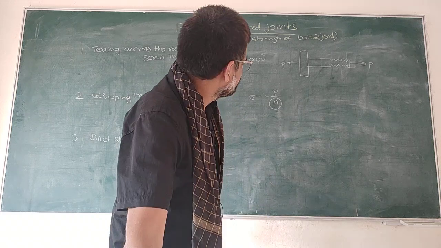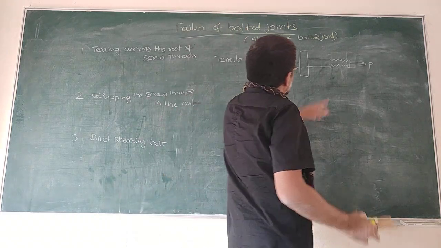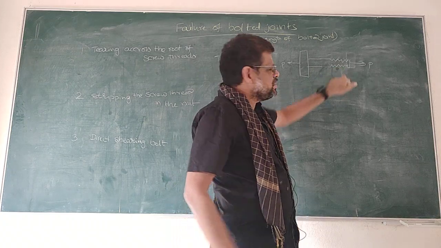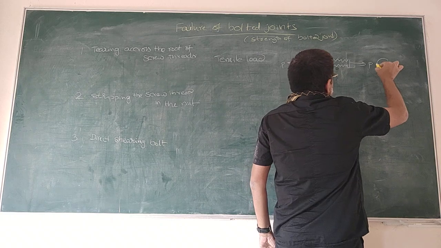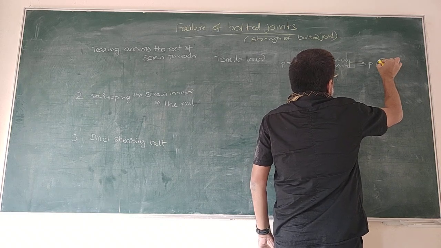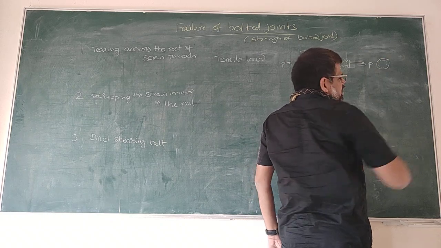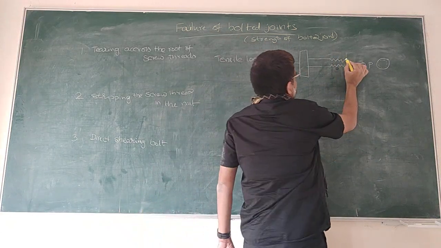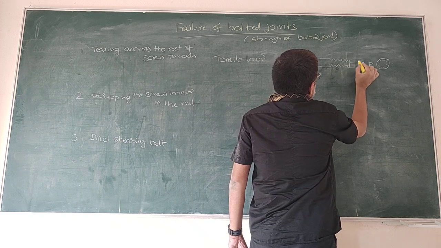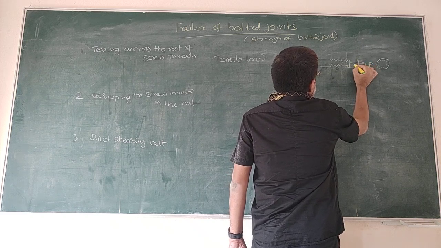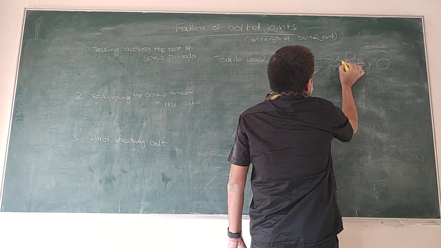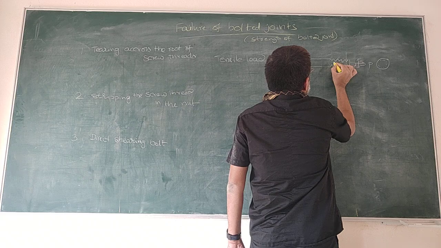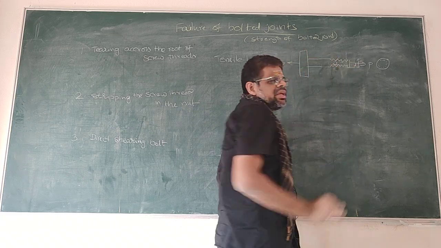So in this case, can you tell me where is the minimum cross sectional area? If you see this in the side view, this is the major diameter and this will be the minor diameter or core diameter. This is the major diameter area, which is represented by D, and here this is the minor diameter area which is represented by DC.